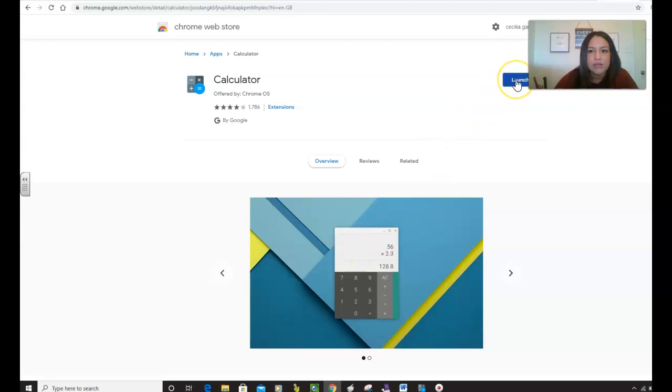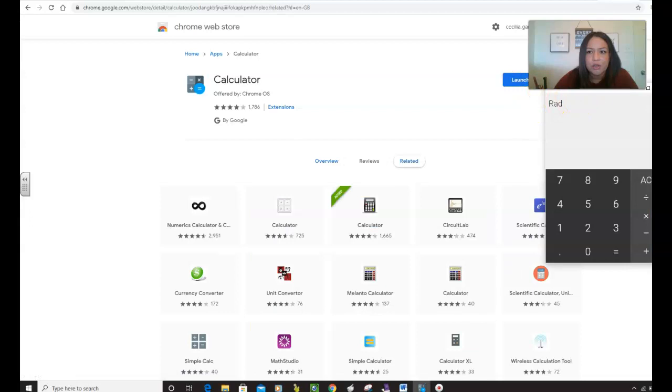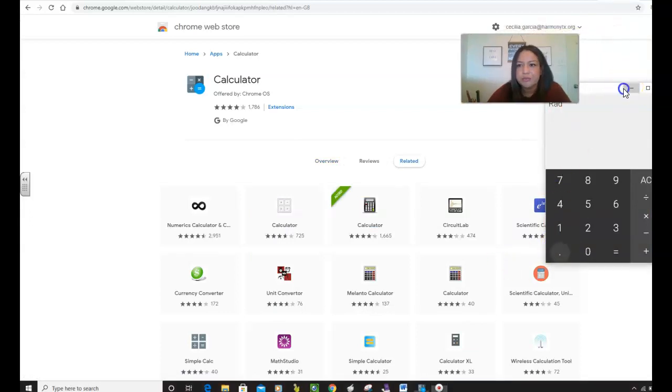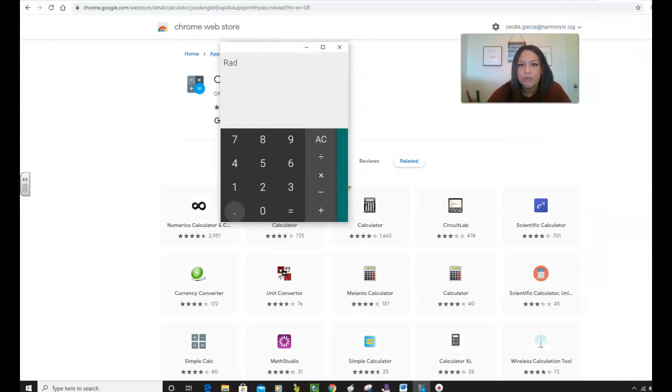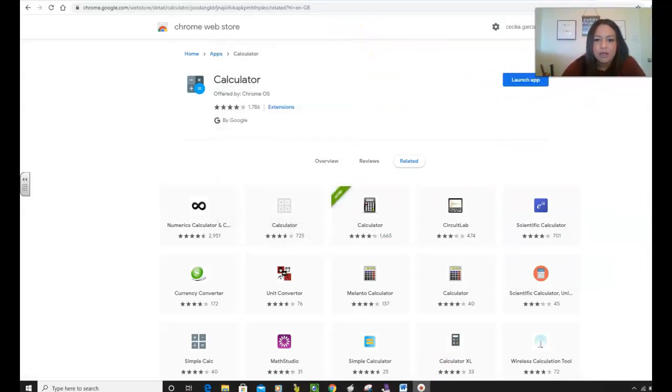Now I already downloaded it. So once you get onto here, yours should say something like download app. And if you do download the app, you can make the calculator just pop up just like that and move it around wherever you need it. Say for example that you close it, you should be able to open it back up by going into your apps.